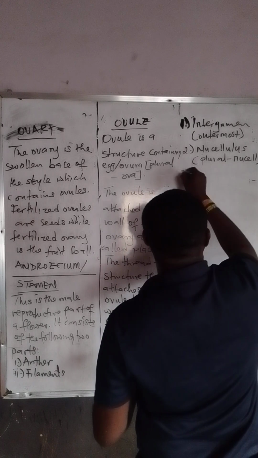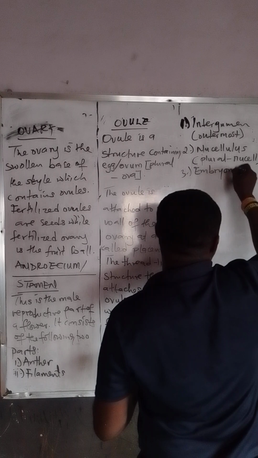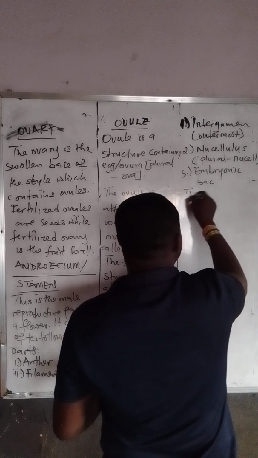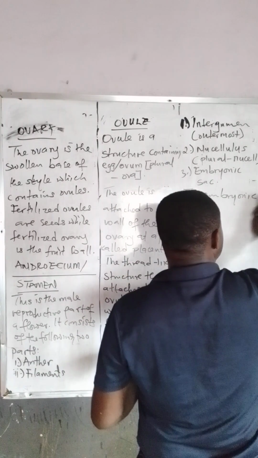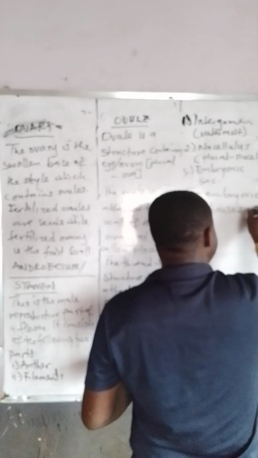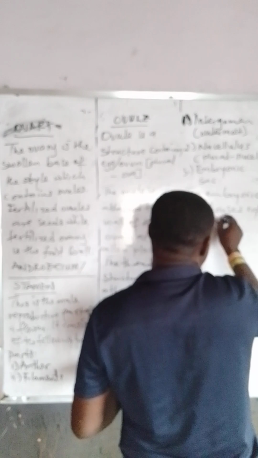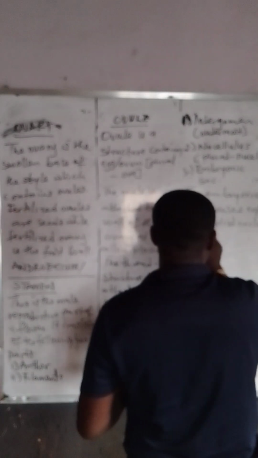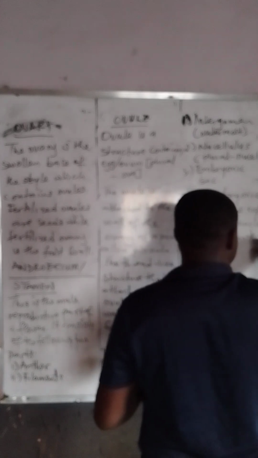Then we have number 3, embryo sac. Embryonic sac. So now, the embryonic sac houses 8 haploid nuclei arranged in 3 rows.